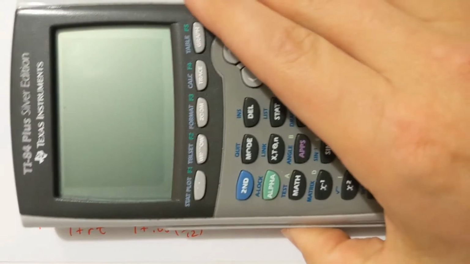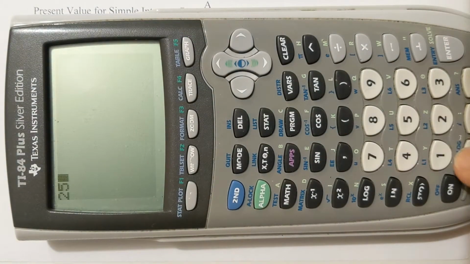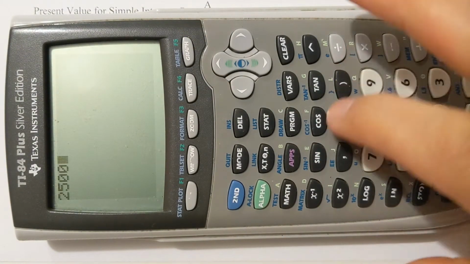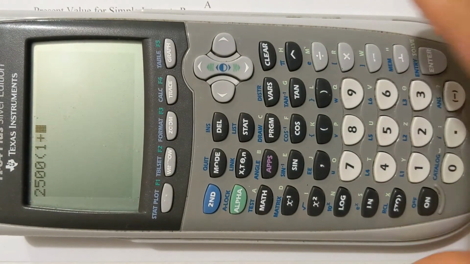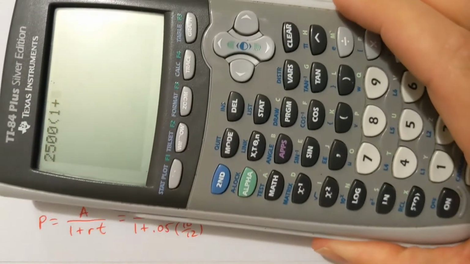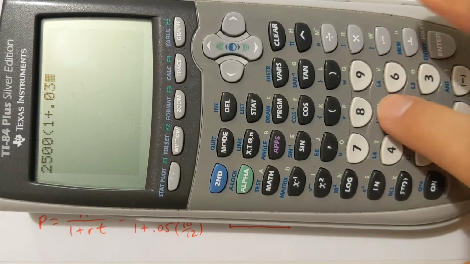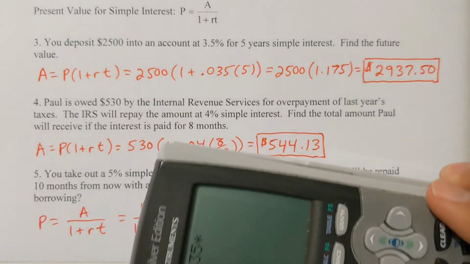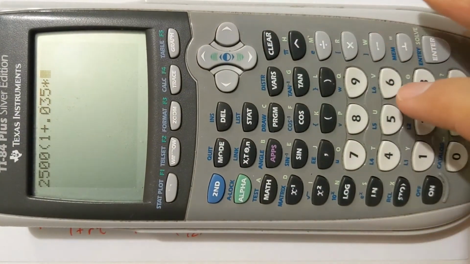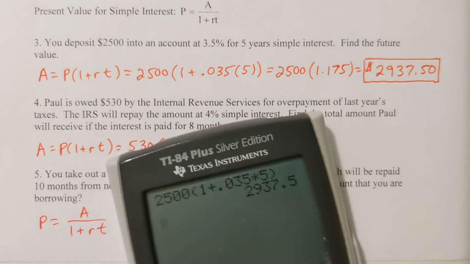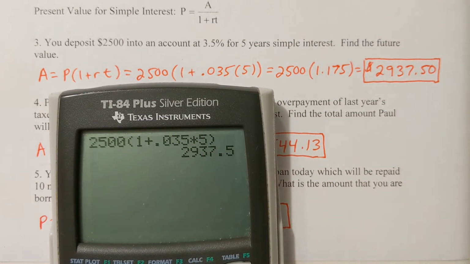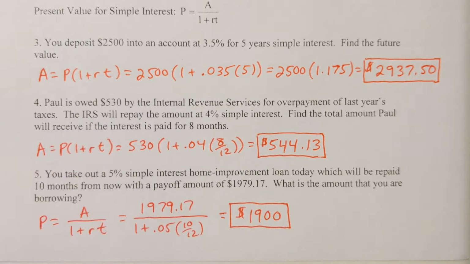So if I go to the calculator and type that in, 2,500 times 1 plus 0.035 times 5, we're going to see how much is there in 5 years. It looks like $2,937.50 is what I get.